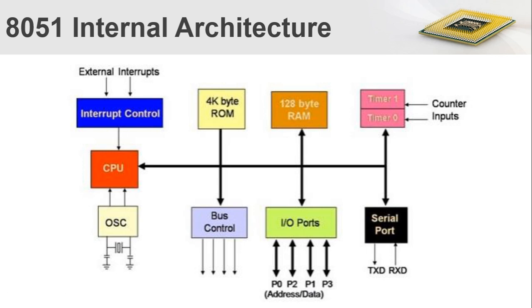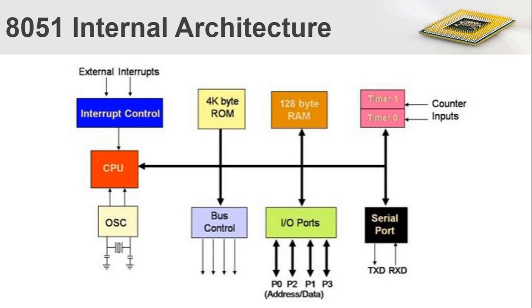Okay, and all these are the units associated with this 8051 internal architecture. One more is this serial port interfacing unit, which is used to support or interface a device that supports serial mode of data transmission.